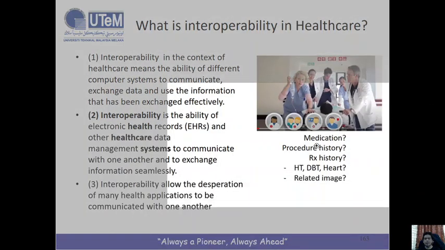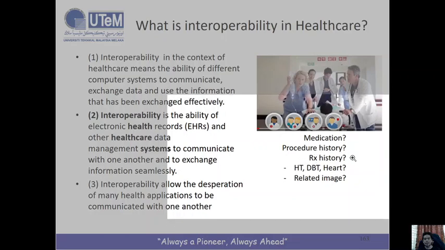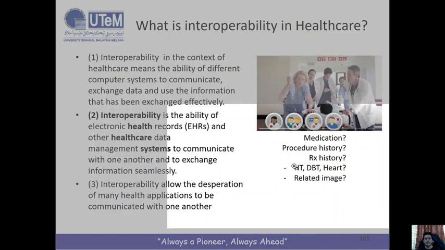So they will ask on the procedure history, and then the doctor will prescribe the drug, right? After they got the information regarding critical problem, yeah, this is hypertension, diabetes, heart problem, and then they will pass the patient to radiology for investigating, yeah, their lung, for example.